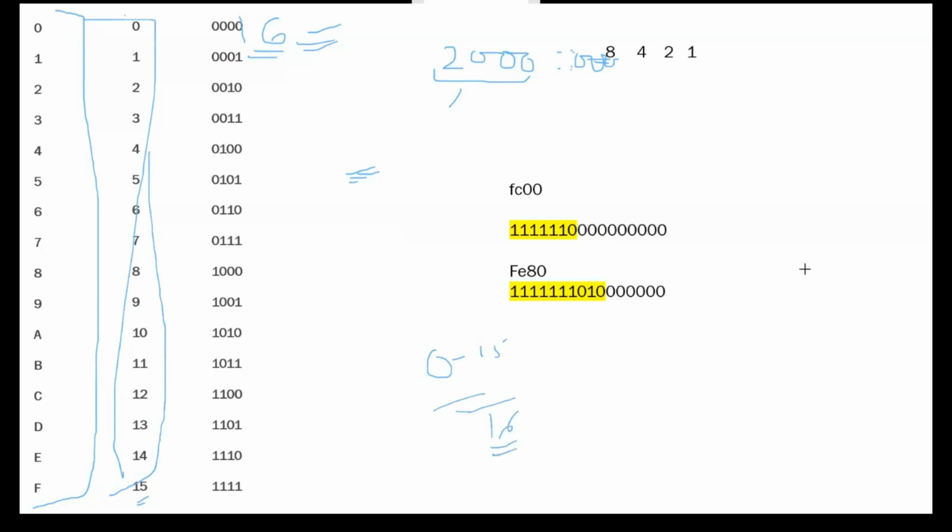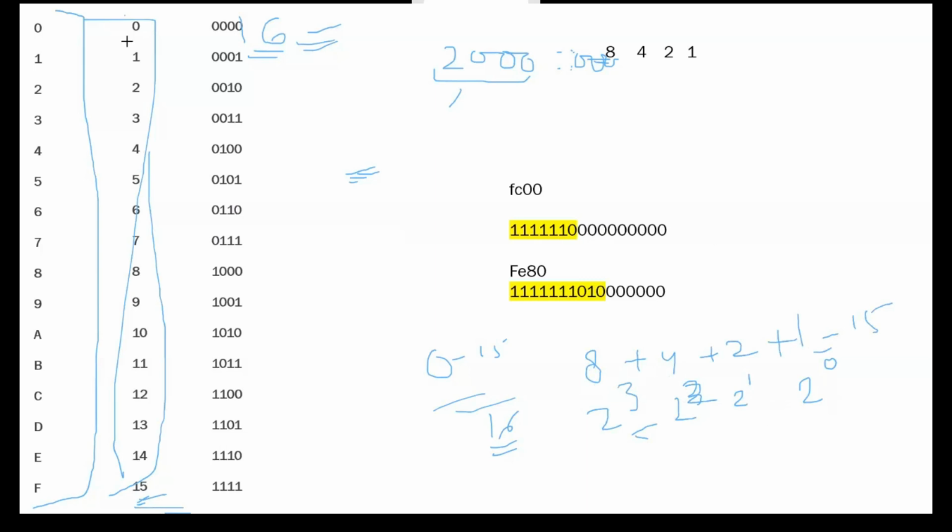So we can calculate by this rule: 2 power 0, 2 power 1, 2 power 2, 2 power 3, that is 1, 2, 4, 8. Just add them, so that will be 8, 12, 14 and 15, and the maximum value is 15 here. So by this rule we can calculate 15.